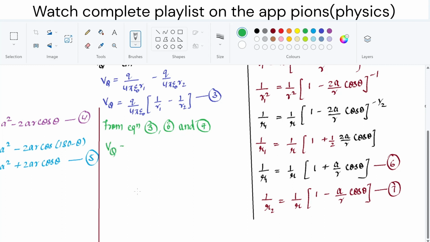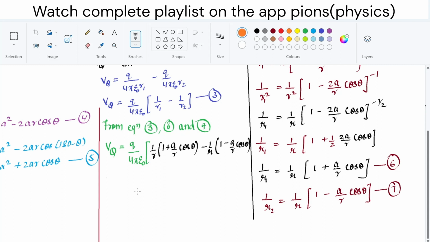Potential VQ, the potential at any point Q, will be Q by 4 pi epsilon naught 1 by R1. Now what's 1 by R1 from equation number 6? It's 1 by R into 1 plus A by R cos theta, correct? Minus, what's 1 by R2? Minus 1 by R into 1 minus A by R cos of angle theta.